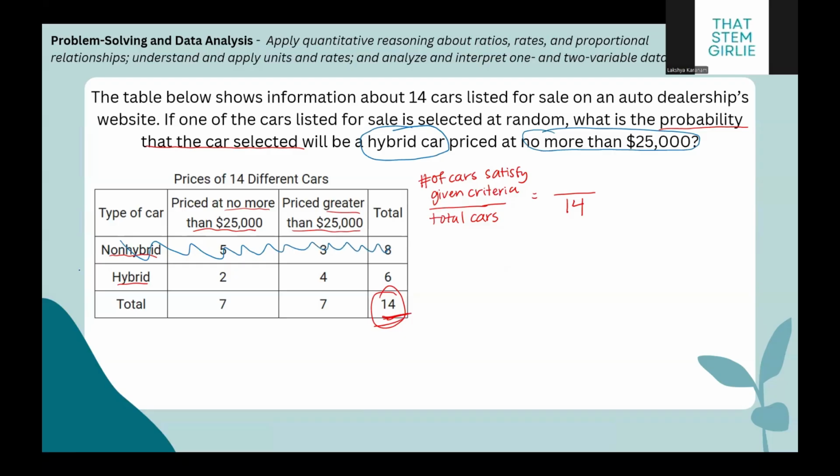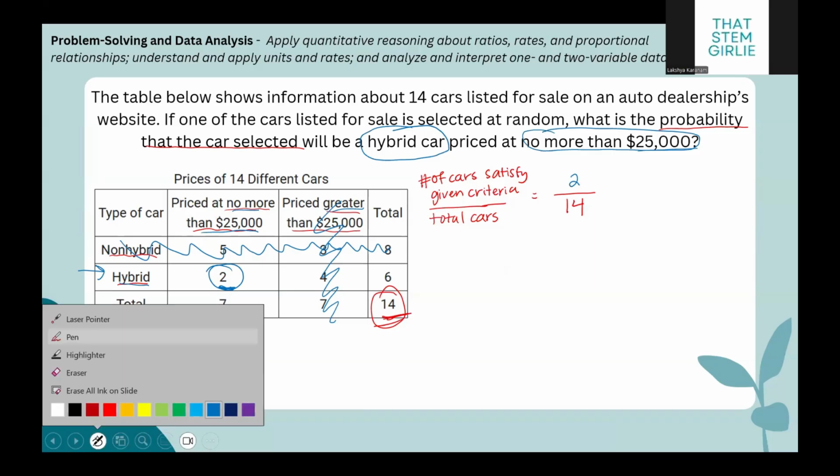It has to be in the hybrid row. And then it tells you no more than $25,000, so it cannot be anything that's greater. That knocks out this row, so we end up with this number right over here: 2. There are 2 cars that are both hybrid and priced at no more than $25,000. So we're going to put 2 in our numerator here.